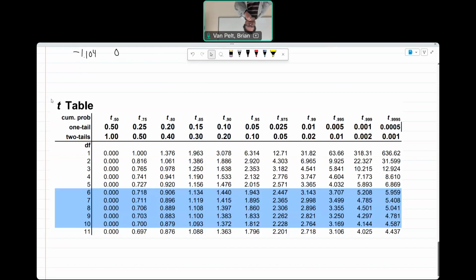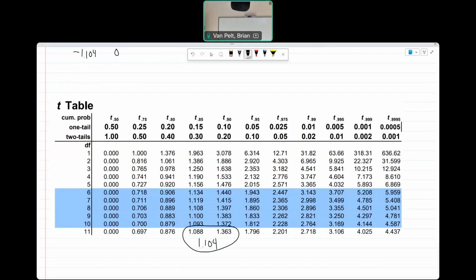So ours is 1.104. Try to find 2 numbers that it's trapped between. It looks to me like 1.1 is right in here. You guys see that? It's in between those 2 values. These are the 2 that it's trapped between.